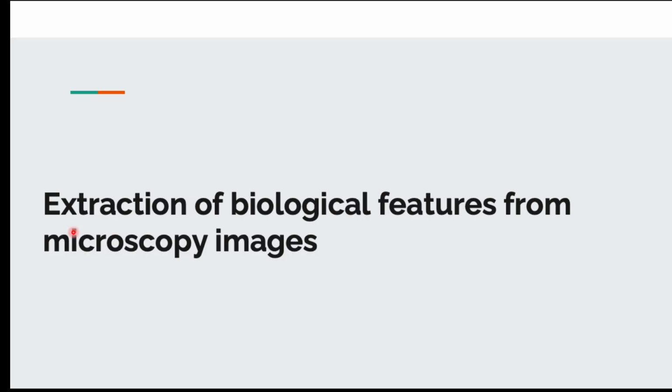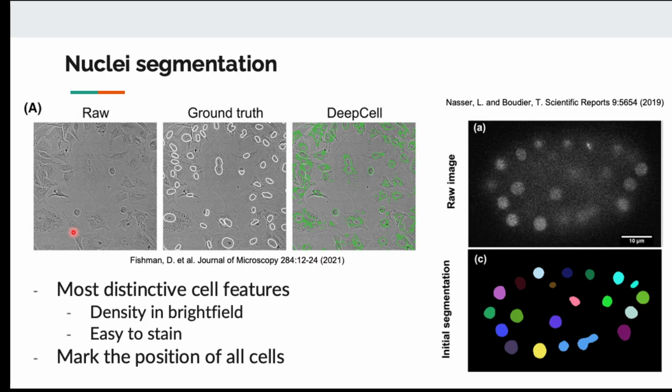So for the first section, we're going to talk about how we can extract biological details, biological features from images. The first thing that we want to be able to do, usually if we deal with pictures of the cells, is to identify the nucleus. Because if you know the nucleus, you know where the cells are, and then you can do other analysis.